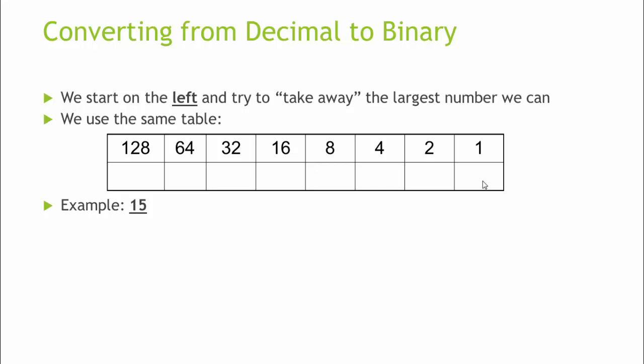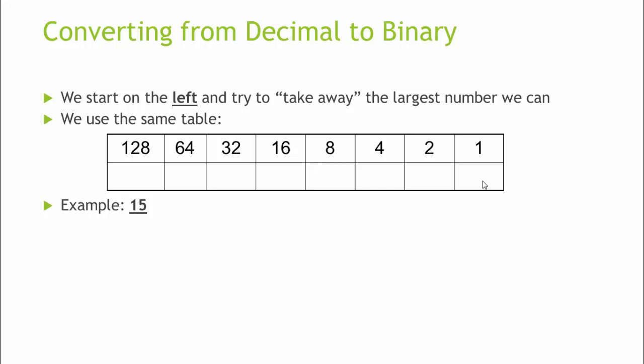What we want to start to do is basically the opposite of what we did last time. So if we want to convert 15 in decimal to binary, we're going to use the table and fill it out from the left-hand side to the right-hand side.